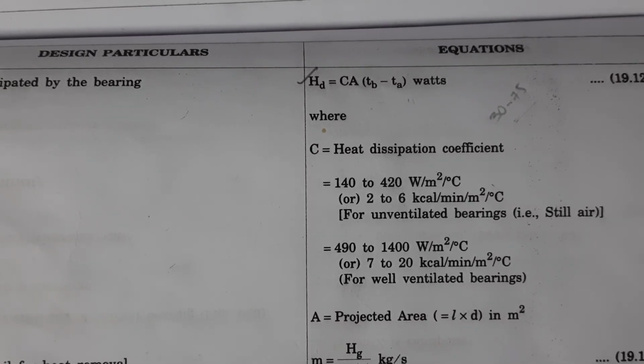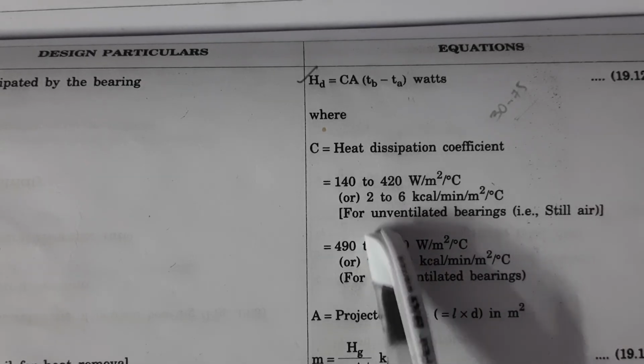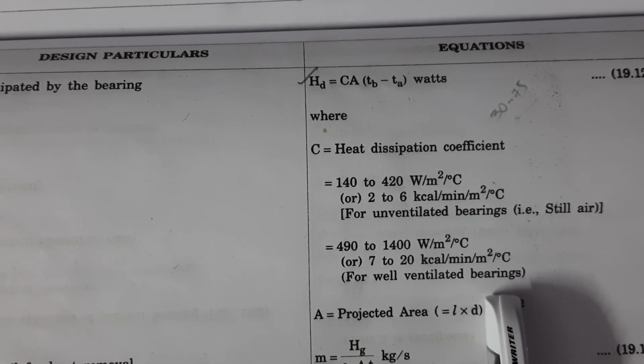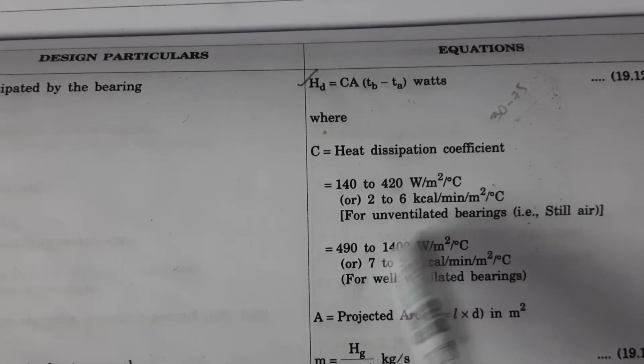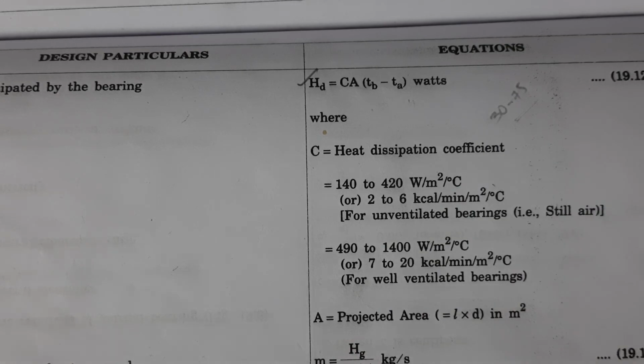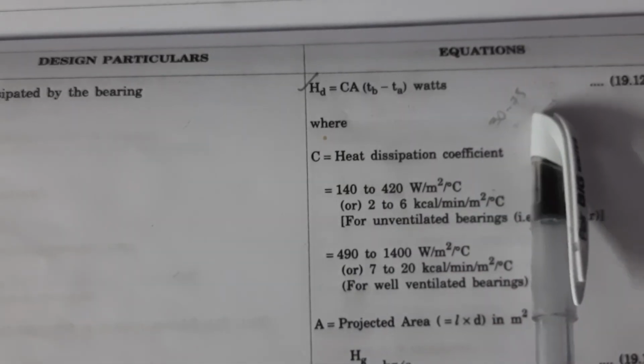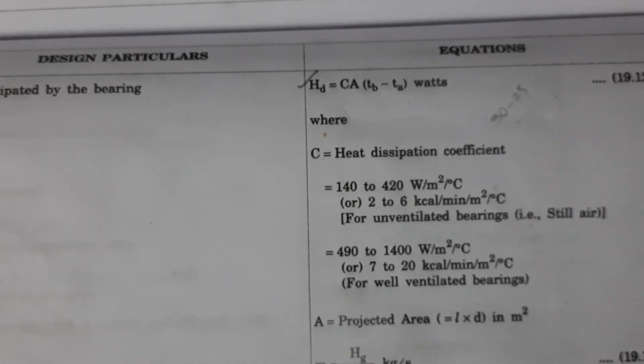So if in the question he mentioned unventilated bearing or ventilated bearing, just take the values from the data book. If he has mentioned the C value, that's fine, just use that value here and you can solve the formula.